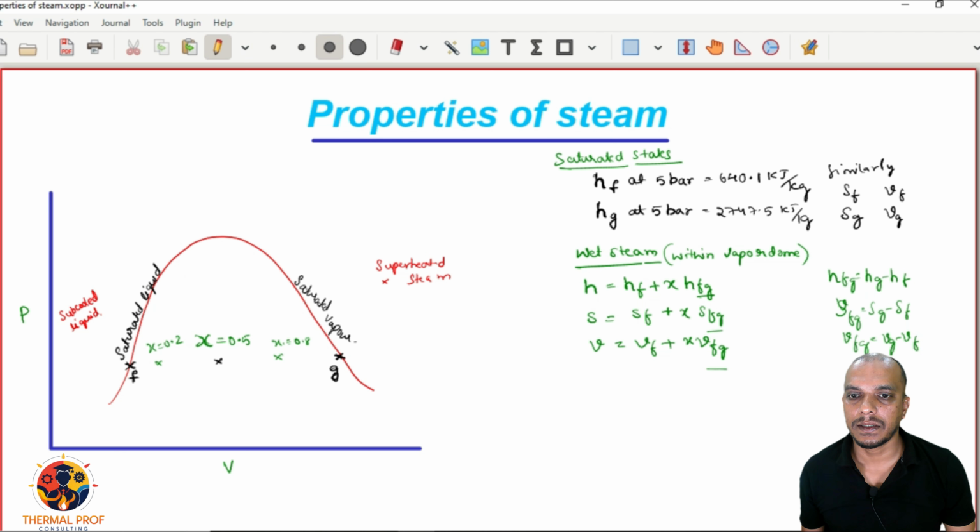Now, for example, at 5 bar, let us say he has given the dryness fraction as 50%. We can find out h is equal to hf at 5 bar, which we can copy, plus x, which is 0.5, multiplied by hfg. Now, hfg is directly given there.